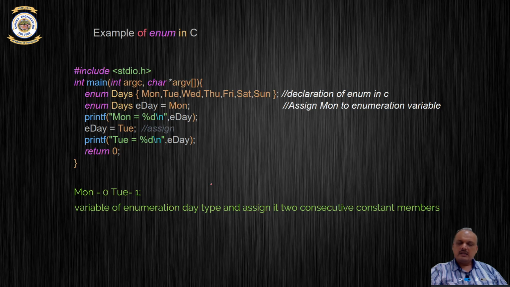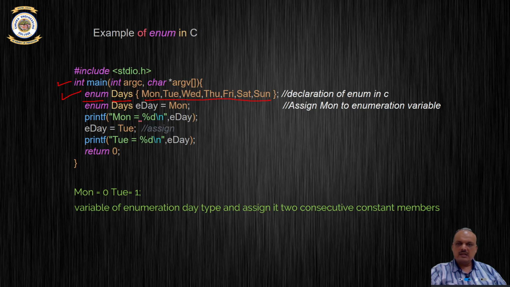Given out here is a simple C snippet in which enums are used. So first I have the main function. In the main function there is a user defined data type which is being declared. Okay, so this is the declaration part. This is where you say to the compiler that I have a data type which is of type enum and the name of the data type is days, and this days data type can take this enumerator list.